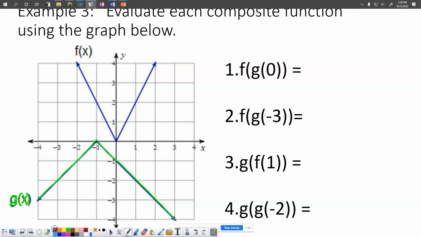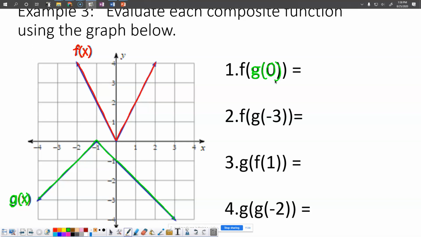And then we have the f function. All right. So for number one, once again, we're going to start by finding out what the inside is first. So I'm going to figure out what's g of 0.